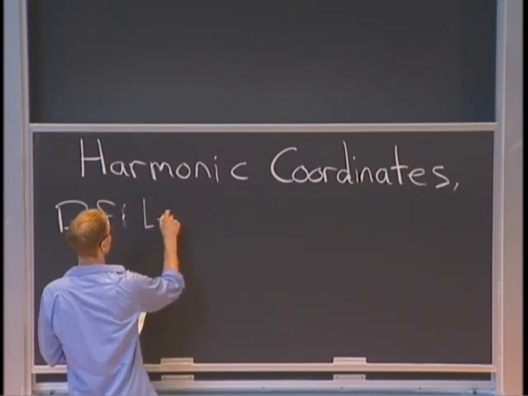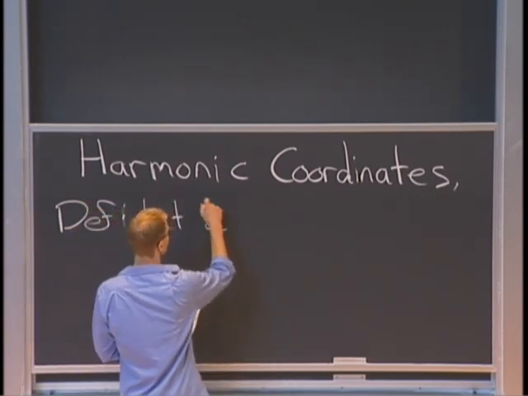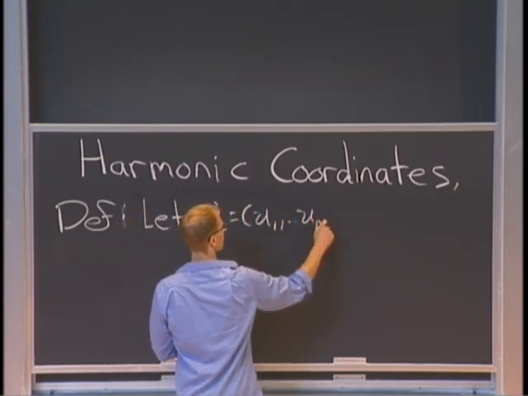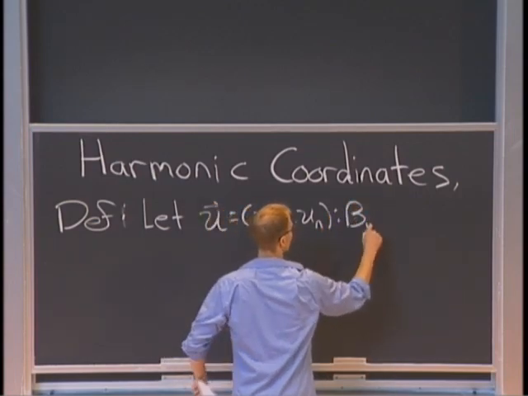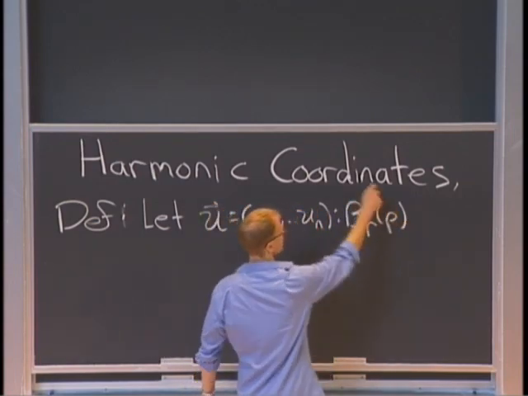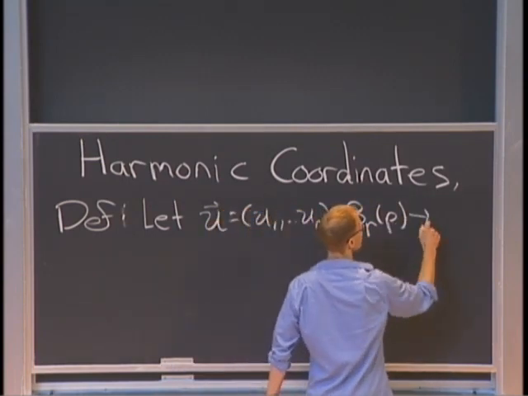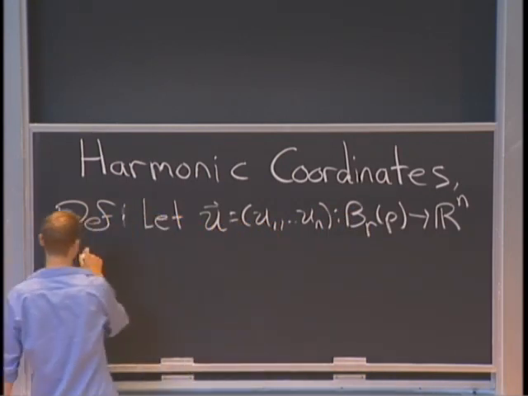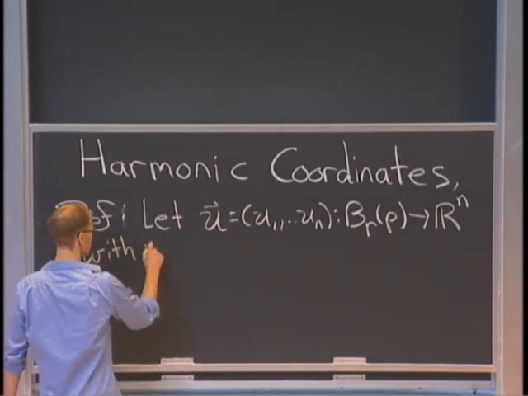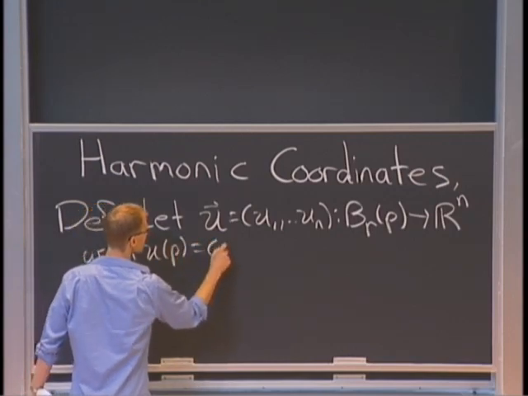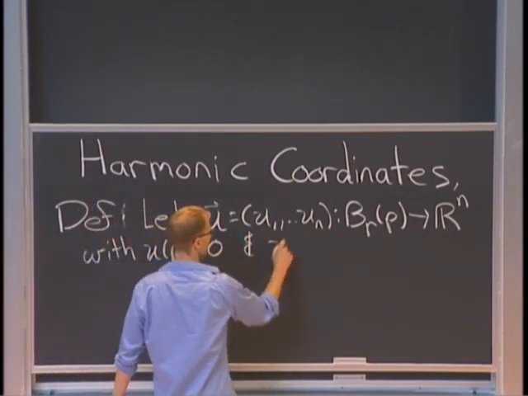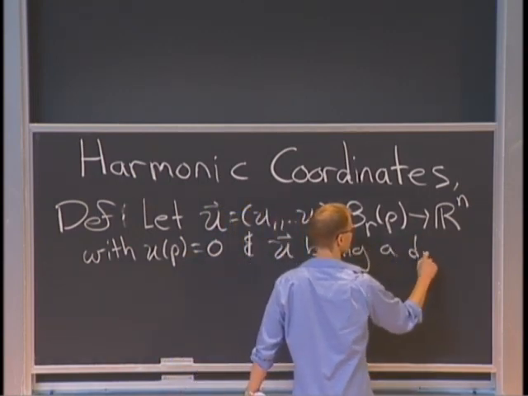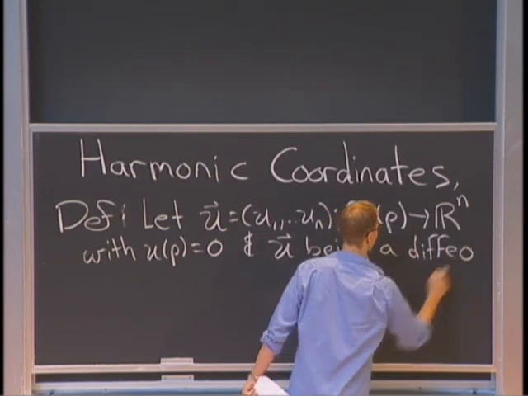Let u, which will be u1 through un, be some mapping from the ball of radius r around p, inside some Riemannian manifold, into Rn, with u of p being 0 and u being a diffeomorphism onto its image.